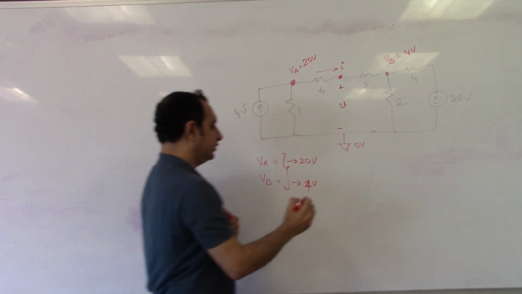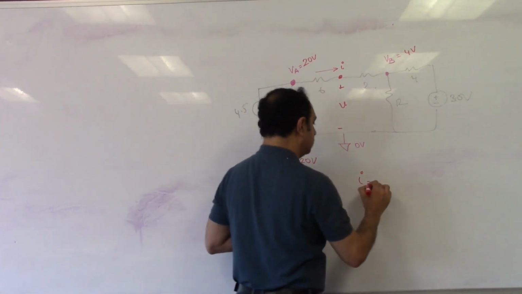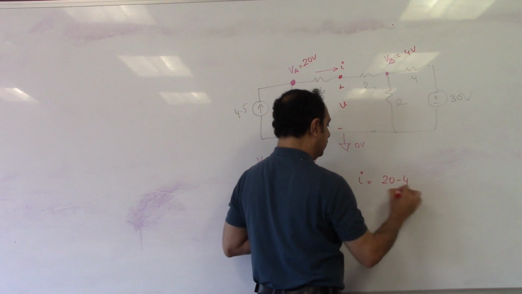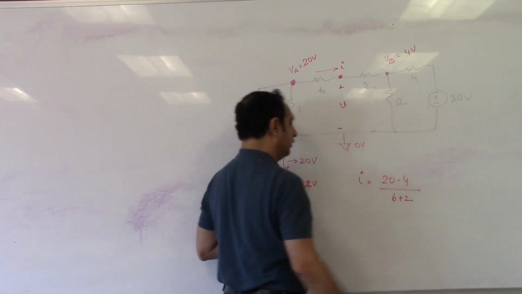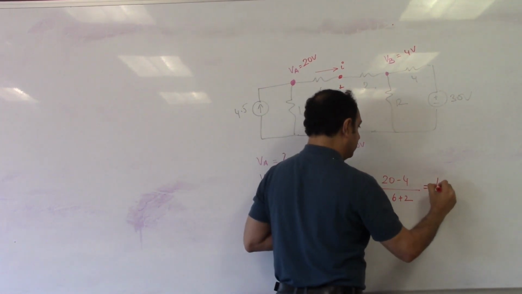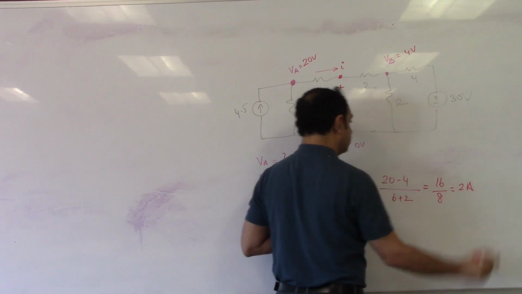So let's first find I. I will be equal to 20 minus 4 divided by the total resistance, which is 6 plus 2. So this is 16 divided by 8, which is equal to 2 amps.